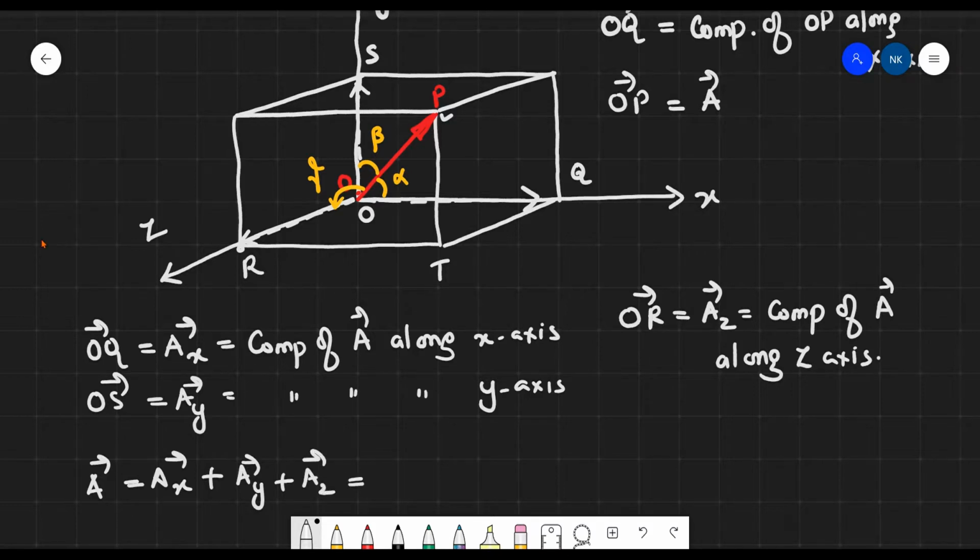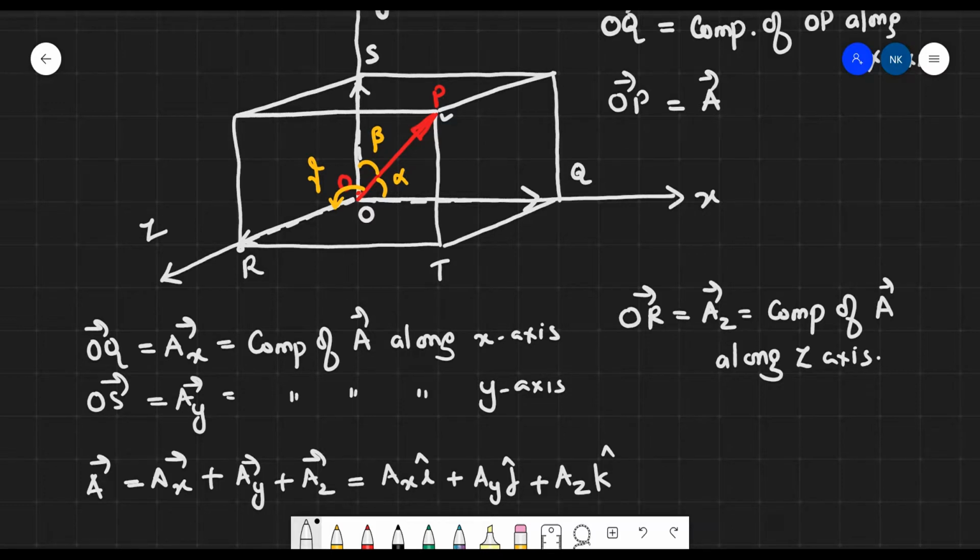This can be written in another form, that is ax i cap plus ay j cap plus az k cap. This can also be written in this form.